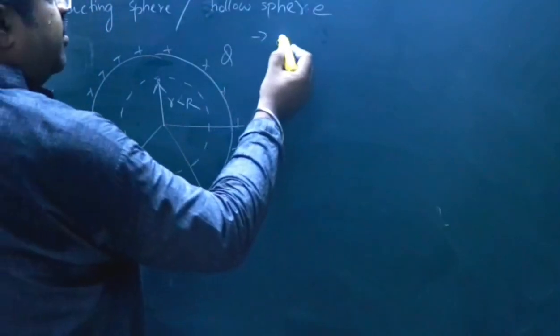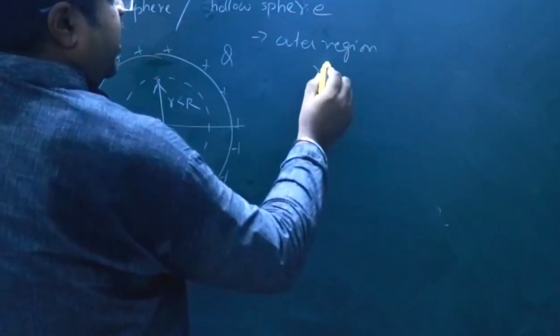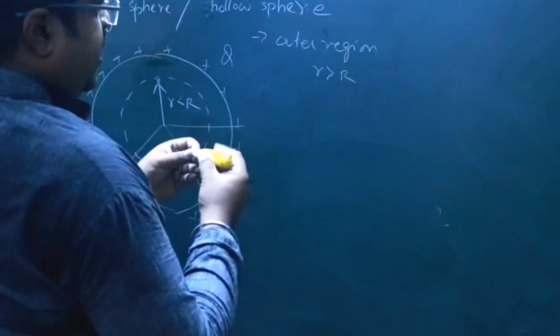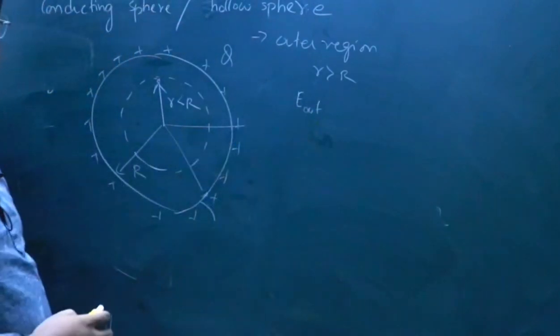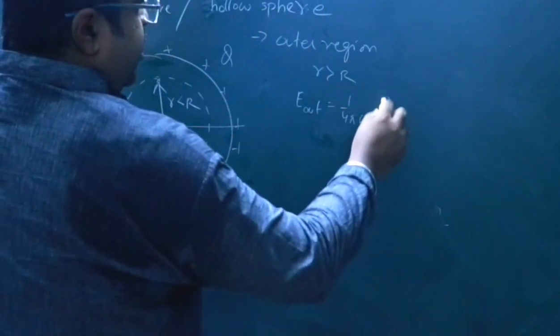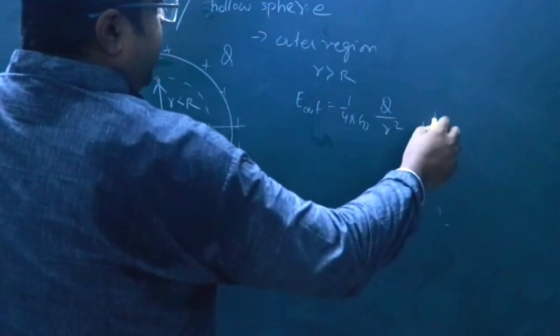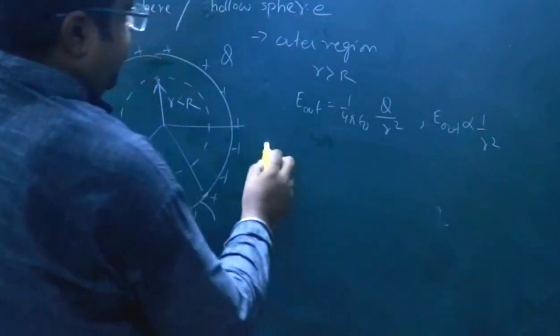So in the outer region, we have r greater than R, and E out, the electric field outside the sphere, is 1 by 4 pi epsilon naught q by r square. So E out is inversely proportional to r square.